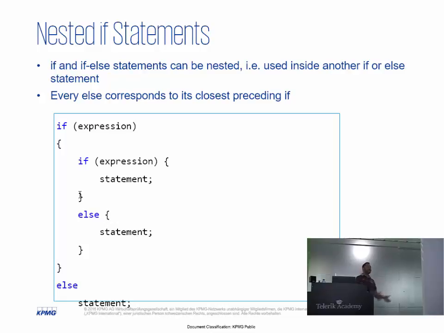Some people are religiously very supporting of one style and others of the other. It doesn't matter. But of course, always use curly braces. It gives closure. It gives your code structure, and it's more readable. It's better. And then you can also extend your code if you need to add more statements or different functionality. It's much easier to do it with curly braces, even if you have just one statement.